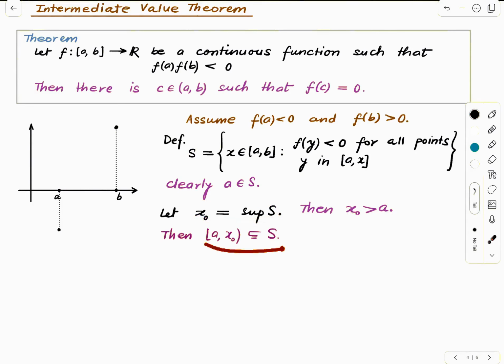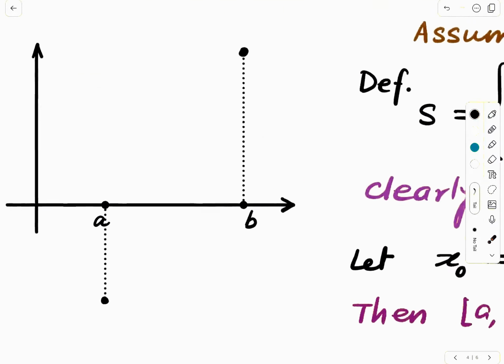So that's that. And why is this true? Well, x0 is the supremum of S, and we are saying that everything less than x0 and at least a is in S. So if we choose something less than x0, if it is not in S, what does that mean? It means that the function takes positive values somewhere before or at that point. But then there is no question of S containing any point in this region, right? So let me enlarge this and explain. x0 is here.